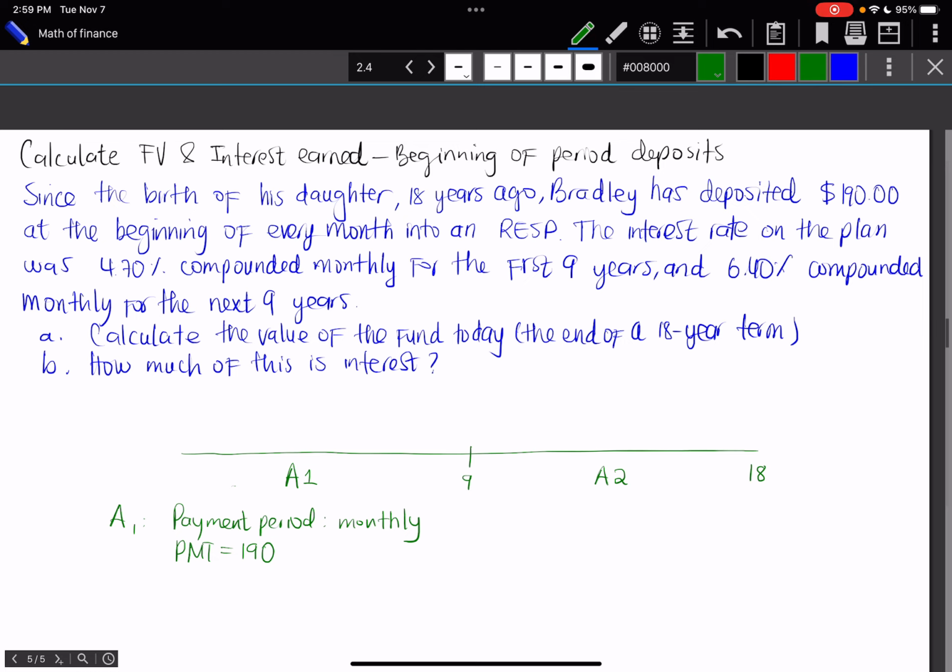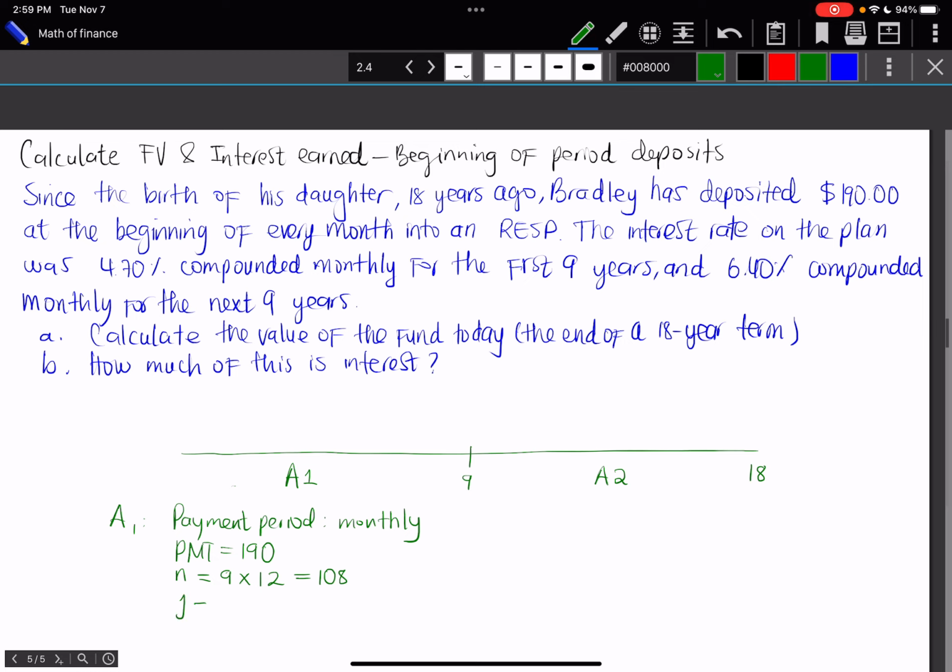The total number of payments during the 9 years equals 9 years multiplied by 12 payments made in a year, because payments are made monthly. So we have 108 as the total number of payments during the term of the annuity.